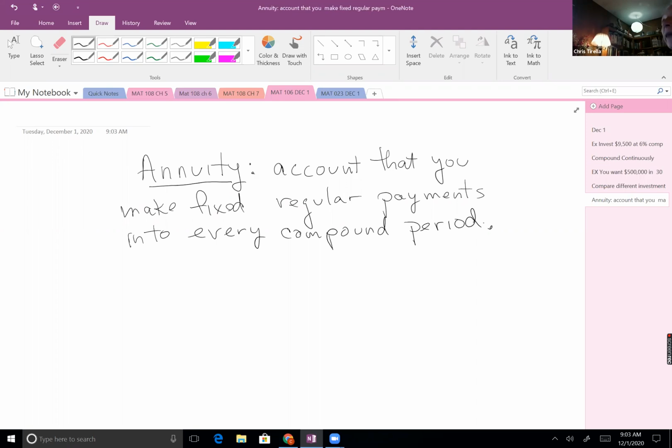Sometimes you make them. Sometimes your employer makes them. If anybody has something like a retirement account where you put in so much money every pay period, that would usually be something comparable to an annuity.